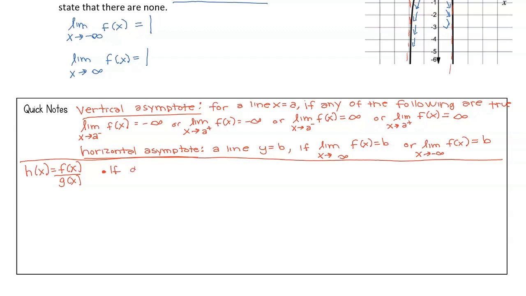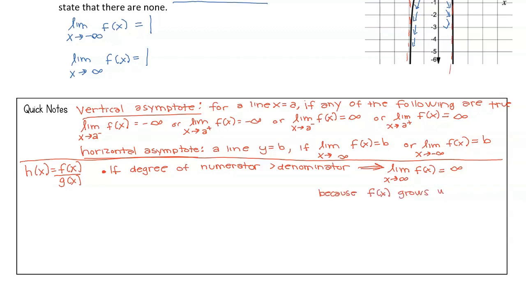So if the degree of the numerator is greater than the denominator, then the limit as x approaches infinity of f of x is going to be infinity, because f of x grows without bound.